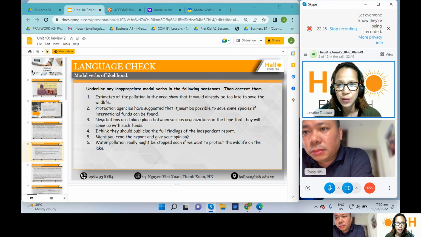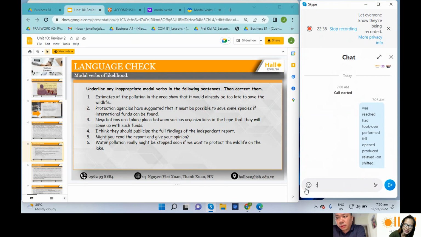And it is wrong. Protection agencies have suggested that it could be possible to save some species. All right, good. Could be. Okay, next.